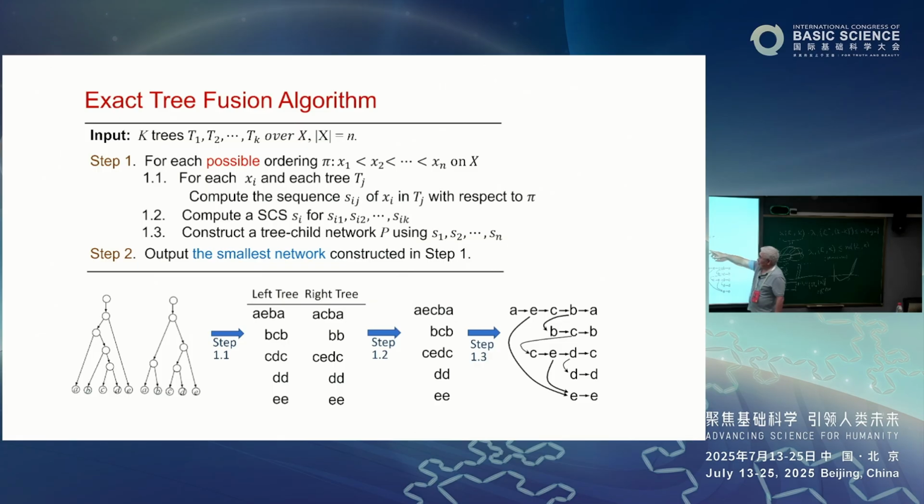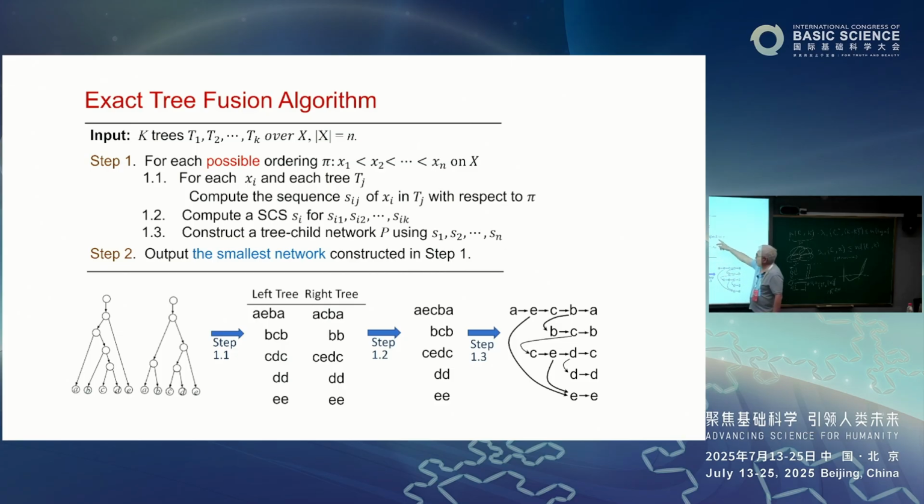Step one is, for every possible ordering, we find the sequences under this ordering. For each xi, each tree, we compute the sequences of xi.